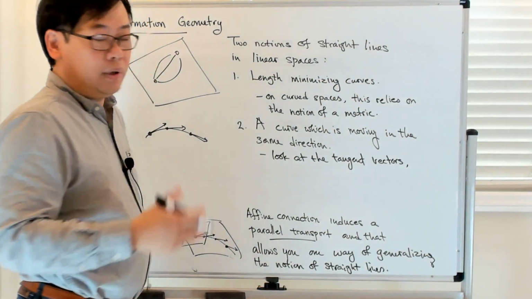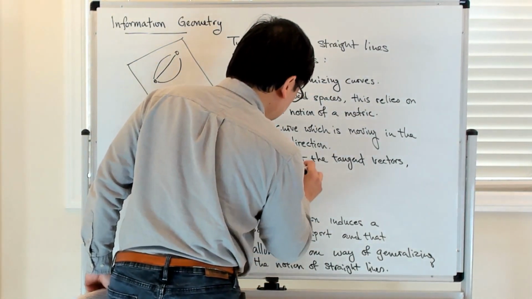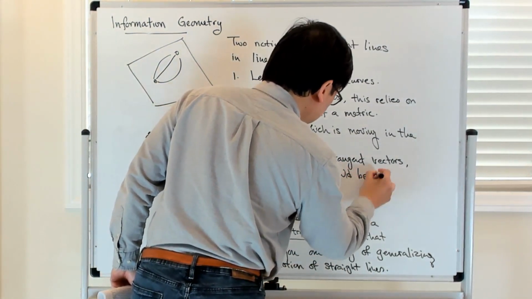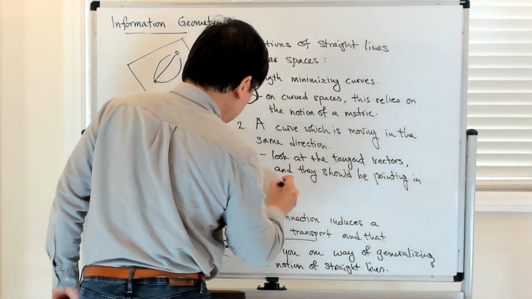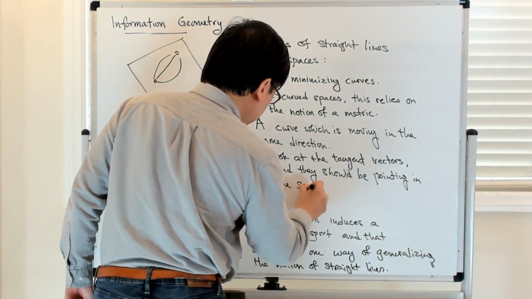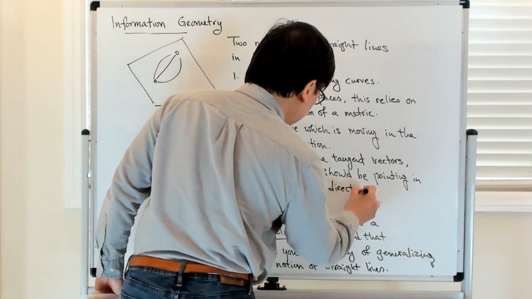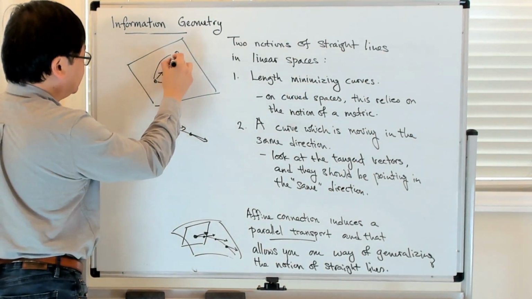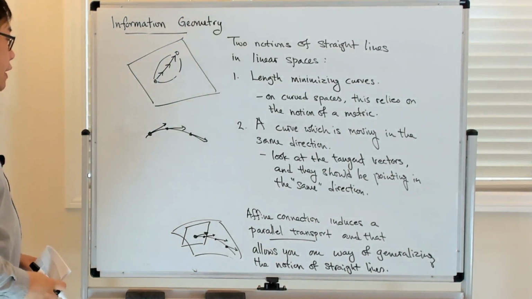And they should all be pointing in the same direction. Okay, so again, with flat space, the tangent vectors literally do always point in the same direction, so that's consistent with that intuition.